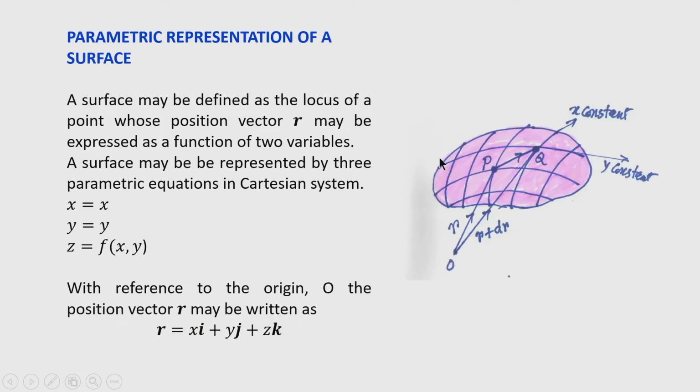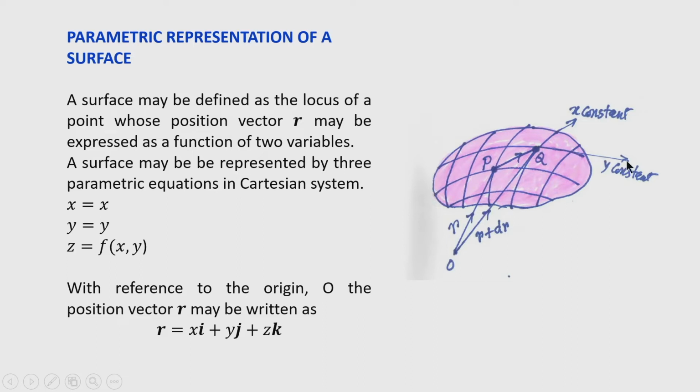Now, as I have told, the shell element is characterized by a surface. So, let us see what the fundamental properties of the surface are and how the surface can be represented with parametric equations. Here you can see a surface, and the curved lines you are seeing are in both orthogonal directions, in the x direction as well as the y direction.